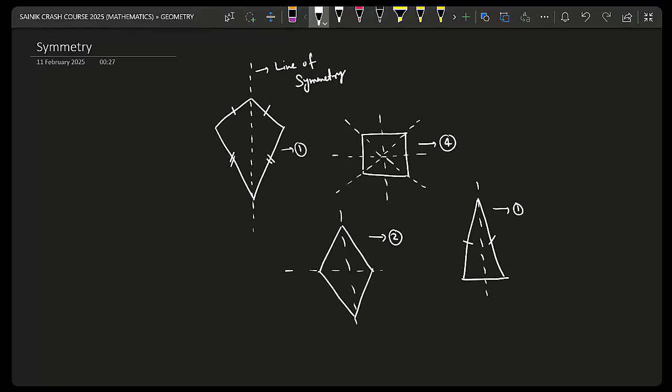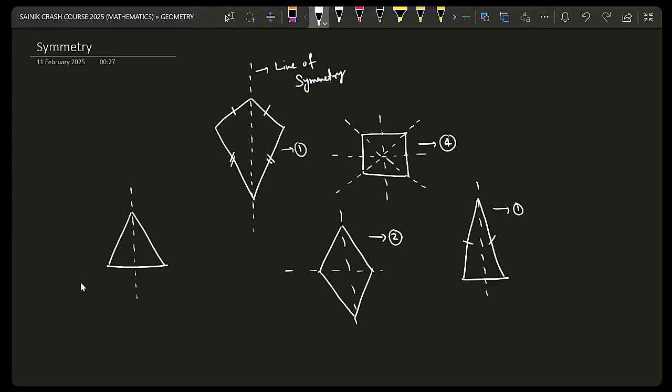Equilateral triangle also has only one line of symmetry. You tell me the answer. Equilateral triangle will have how many lines of symmetry? Sir, one. Not one. More than one. Sir, how? This is one line of symmetry, no?